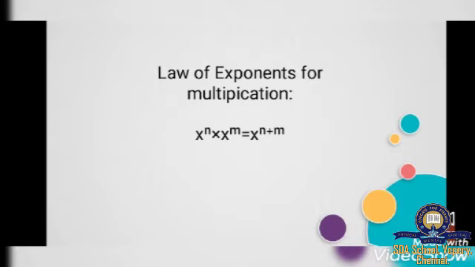Whenever you multiply numbers, if both numbers are positive, the answer we get is positive. If they have like signs, we get a positive. But if the signs are different, then we get a negative sign.